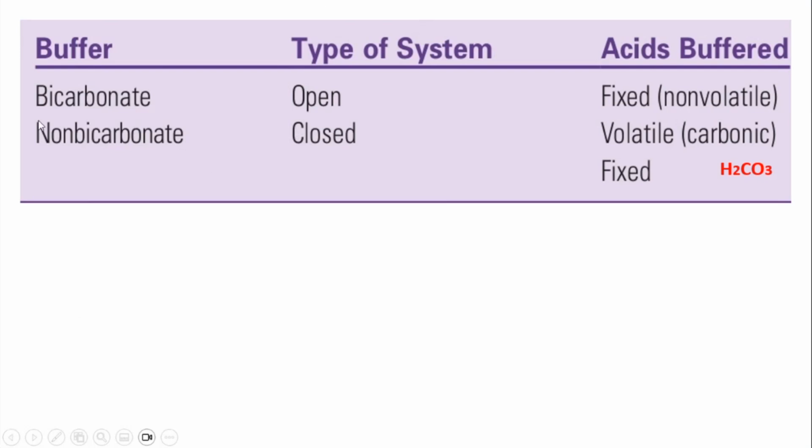So you see, the bicarbonate system is an open system. The bicarbonate system is mainly for volatile acid, whereas the non-bicarbonate system can be used for both volatile and fixed acid. I'll come into it.